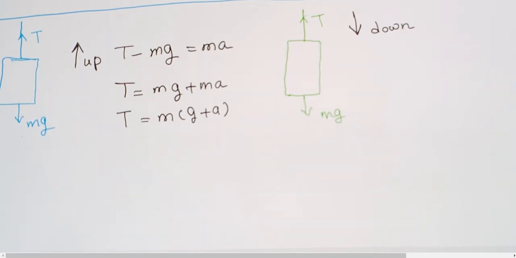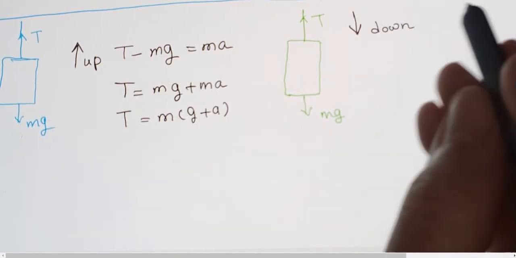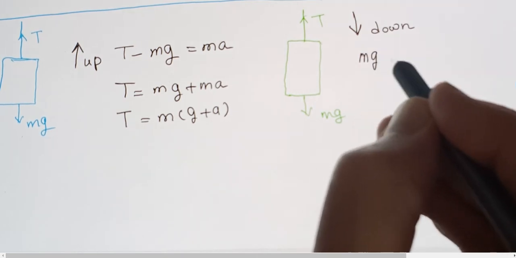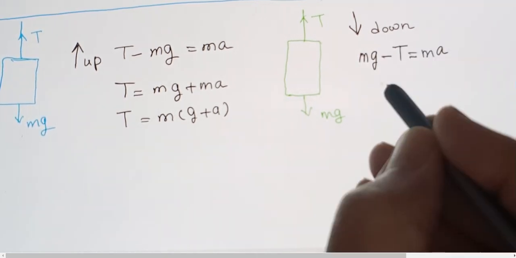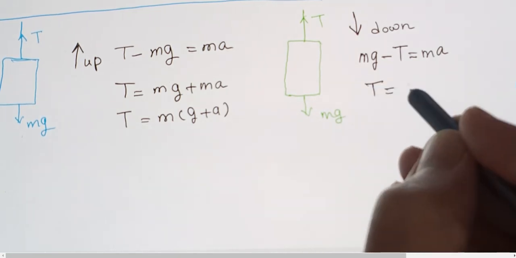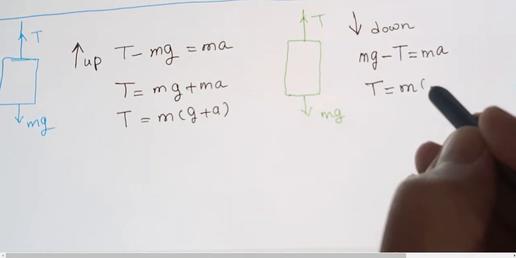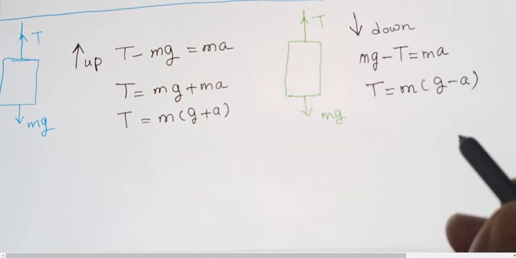Well, it's clear because it's moving downward with acceleration that mg is larger than T, so I write it mg minus T is equal ma. يعني tension is m(g minus a).